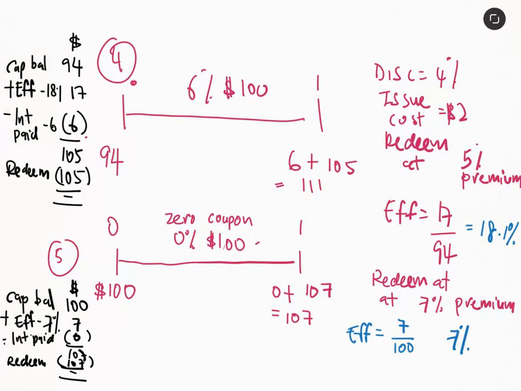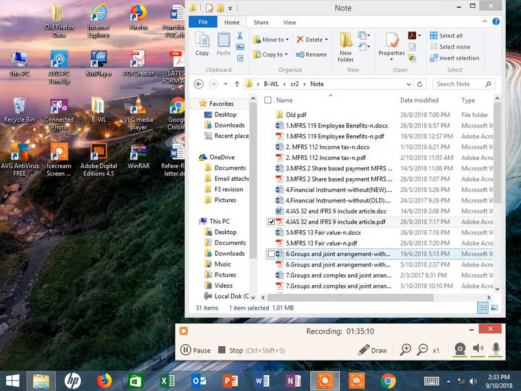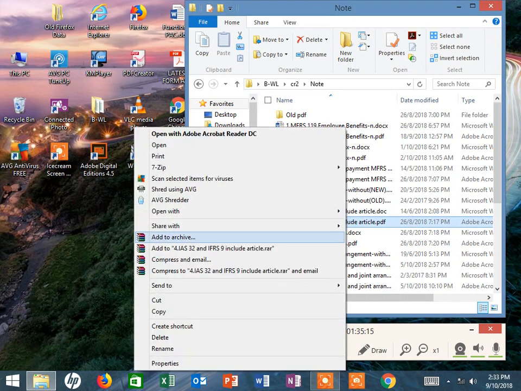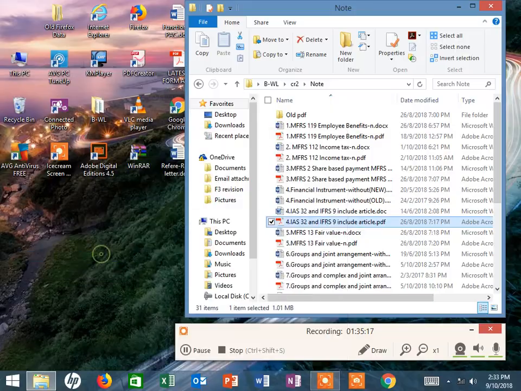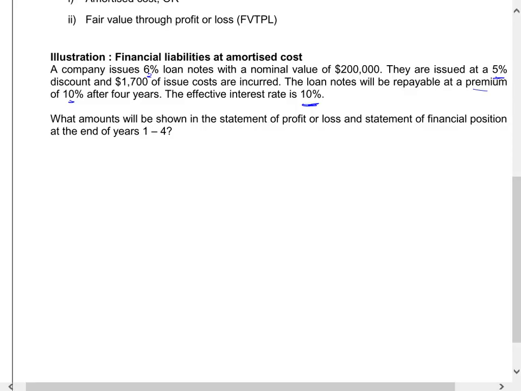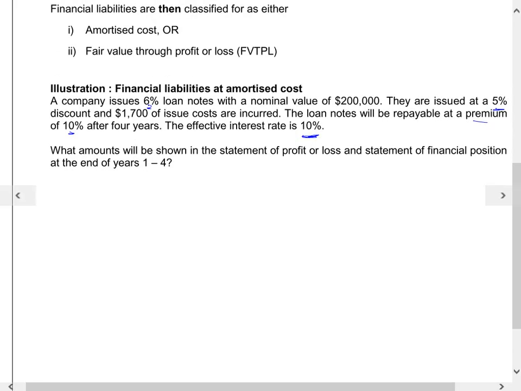So this is for how many years? Then the loan is for 4 years. How much is this? Okay.